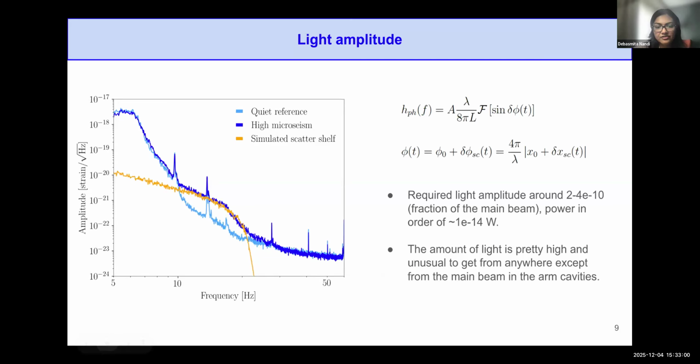This is a fraction of the main beam in amplitude. If we translate it into power, it needs almost around 10 to the power minus 4 watt in power, and this much amount of light is very high, and it is unusual to get this much light from anywhere except the main beam that is inside the 4 kilometer long arm cavities.